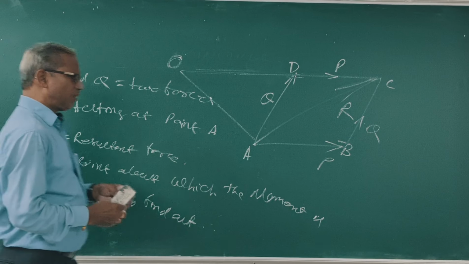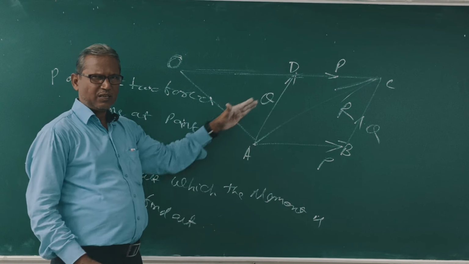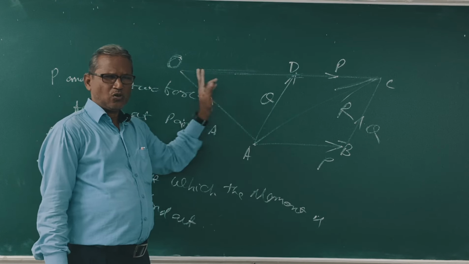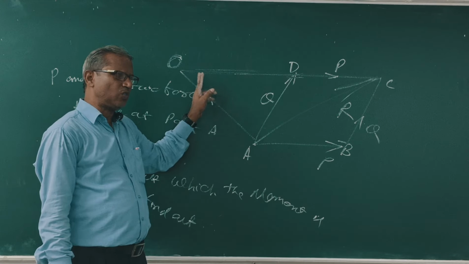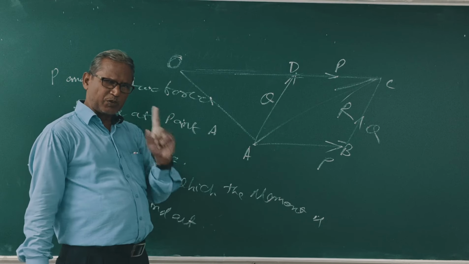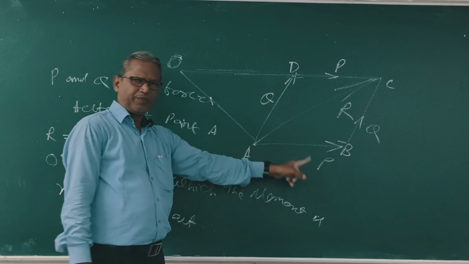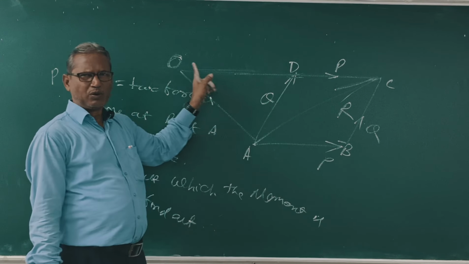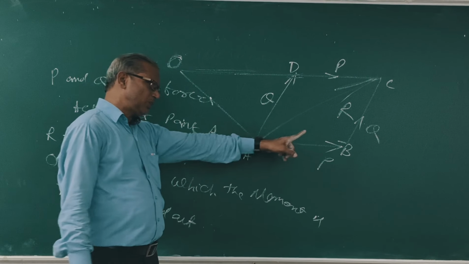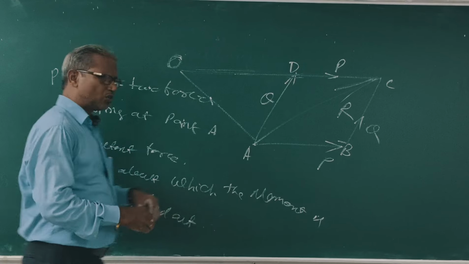Clear? P and Q are two forces. R is the resultant force. O is your point about which the moment is required to find out. So according to Varignon's principle, the moment of P about O plus the moment of Q about O is equal to the moment of R about O. So what is Varignon's principle?